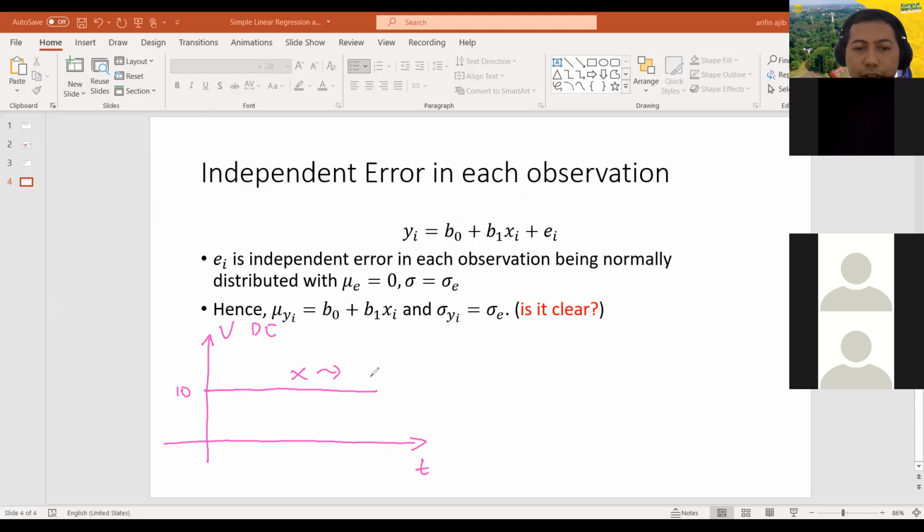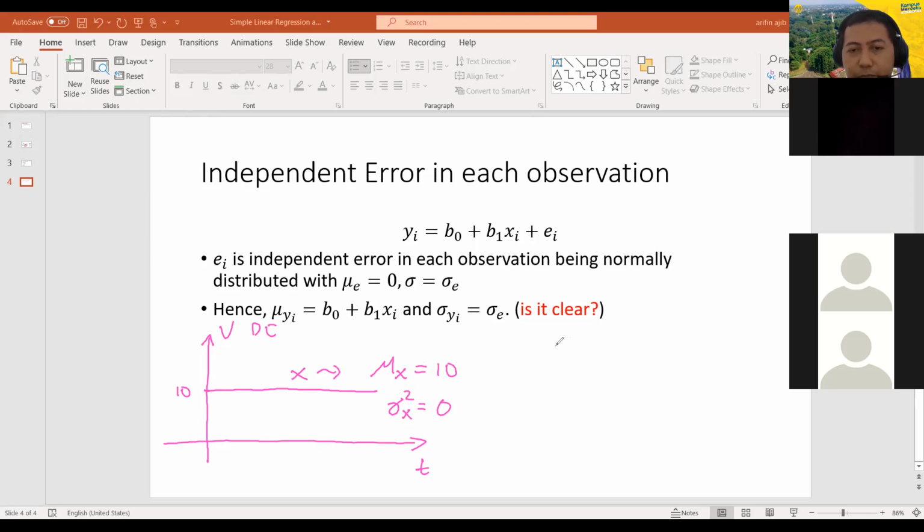Kalau konstan, rata-rata dari X-nya berapa? 10. Oke ya. Variasi dari X-nya berapa? 0. Oke ya.